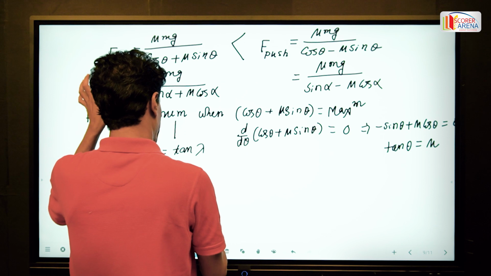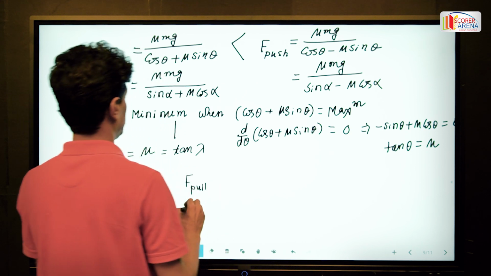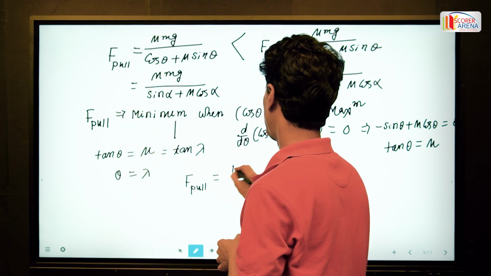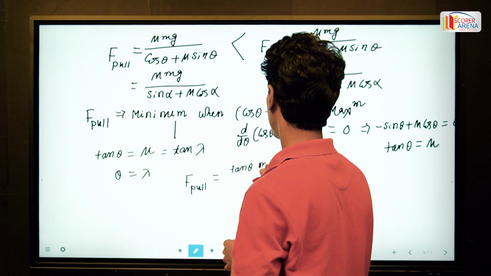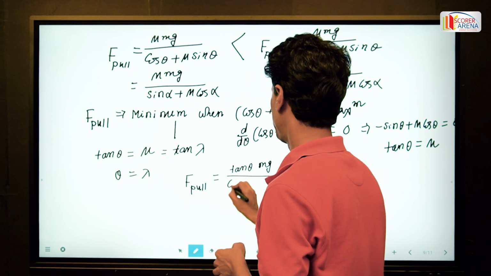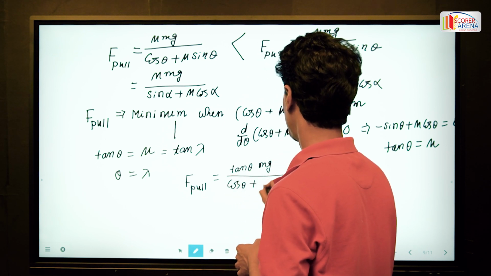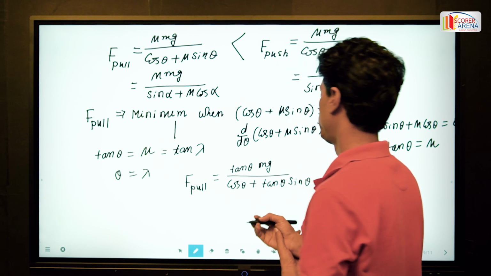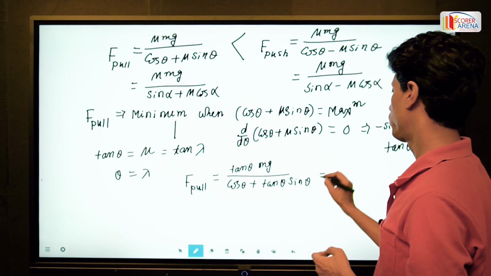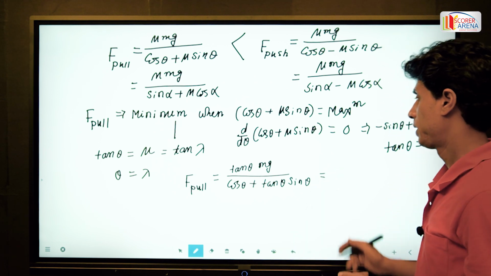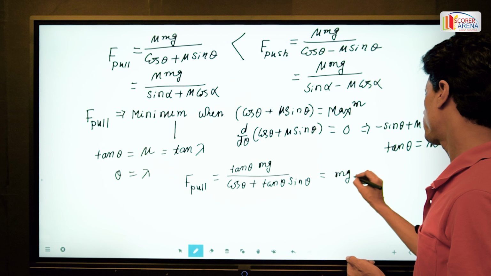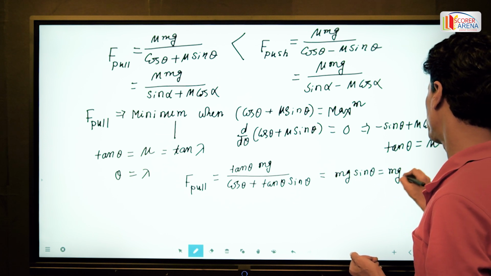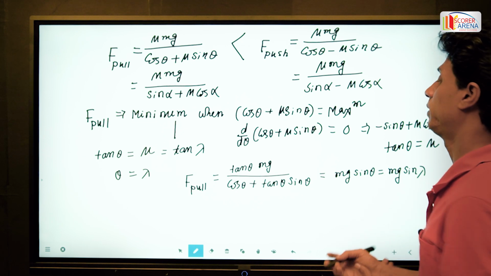So for the minimum pull, if we put here mu equal to tan theta in mg over cos theta plus mu sin theta, on simple trigonometric calculation it becomes mg sin theta, or you can also say mg sin lambda.